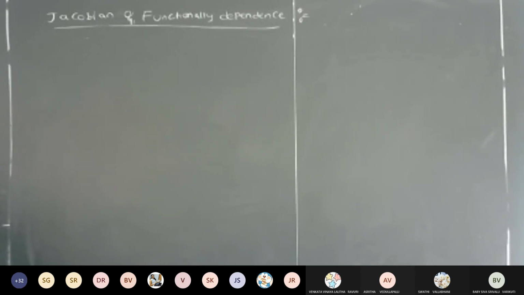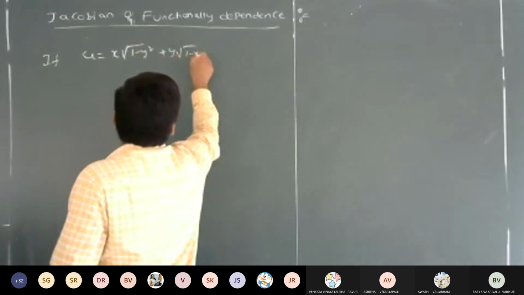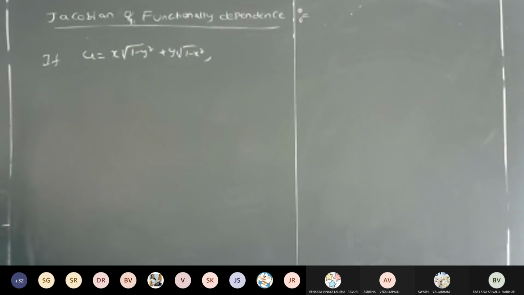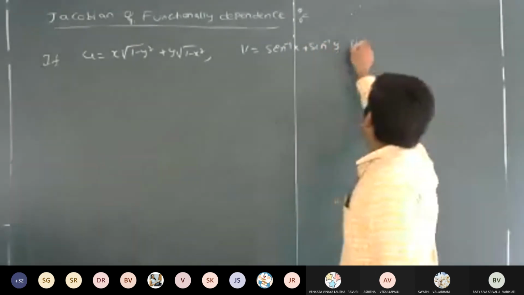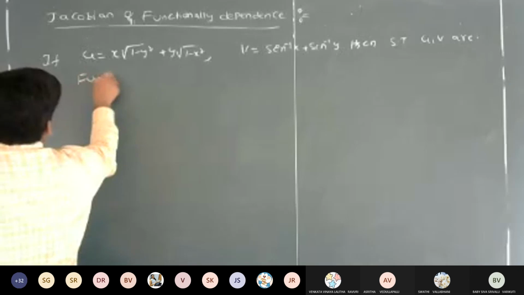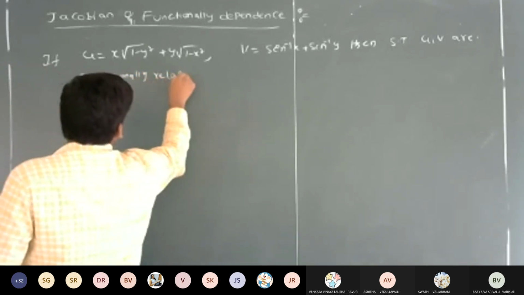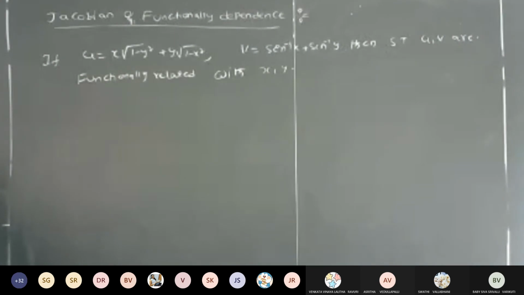If u is equal to x into square root of 1 minus y square plus y into square root of 1 minus x square, and v is equal to sin inverse x plus sin inverse y, then show that u, v are functionally related with x, y.